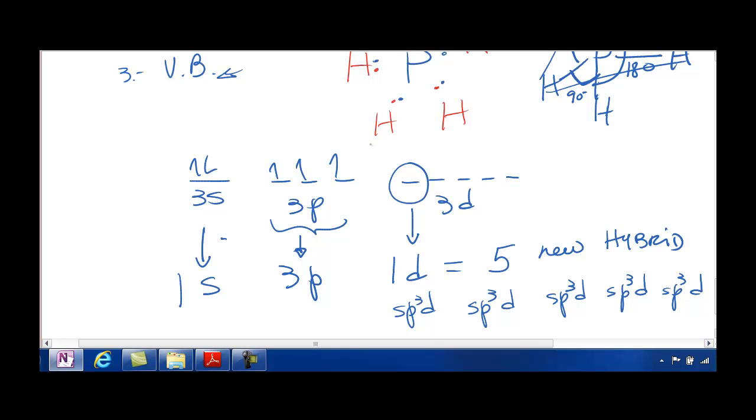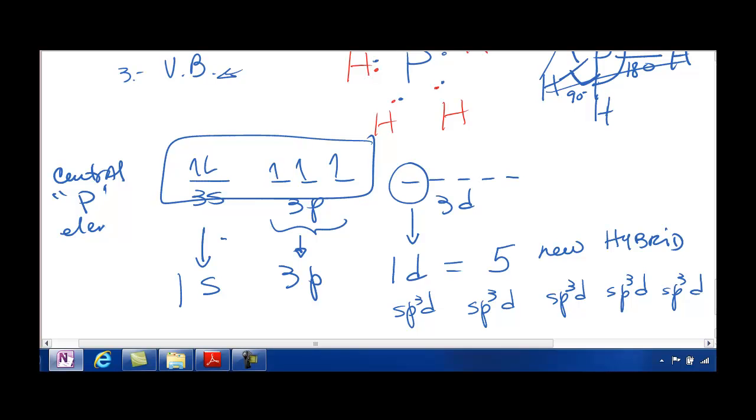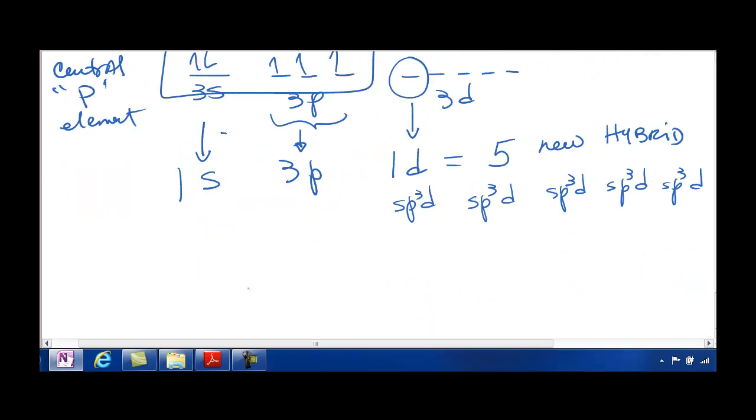And how many electrons do I have in the central atom? So this is the central atom. Central element, I have 1, 2, 3, 4, 5. Okay, so I'm going to put my sp3d, second, third, fourth, fifth. Each one of these is an sp3d.